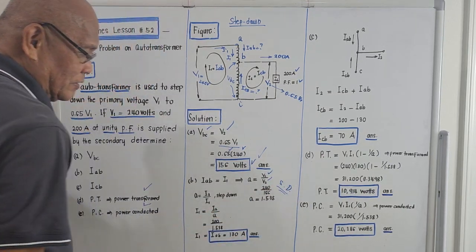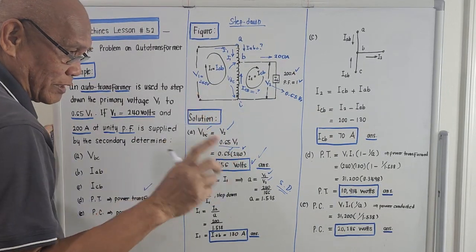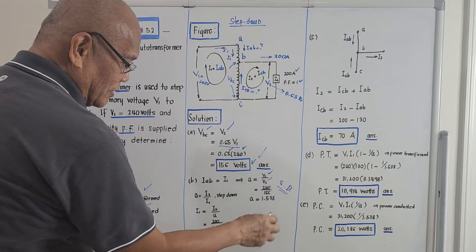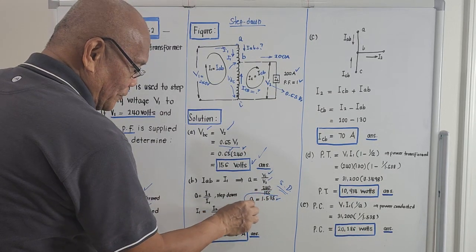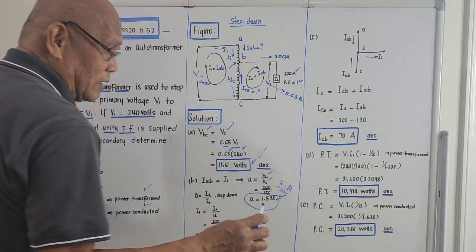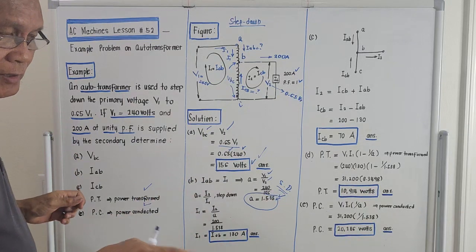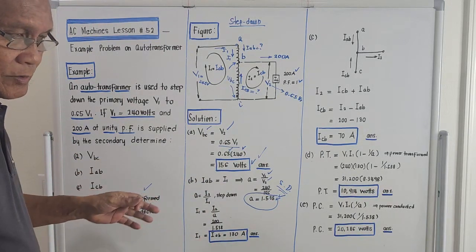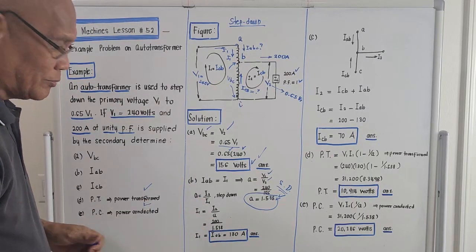For this auto transformer, we can compute the transformation ratio: 240 over 156, which is 1.538. Why did we compute a? We compute a because in the computation of the current, we will be using another formula involving the transformation ratio.